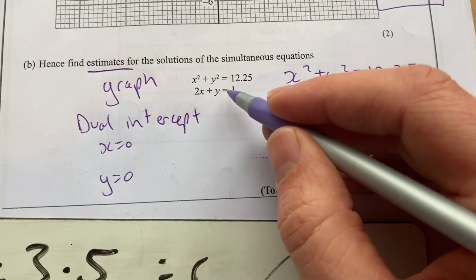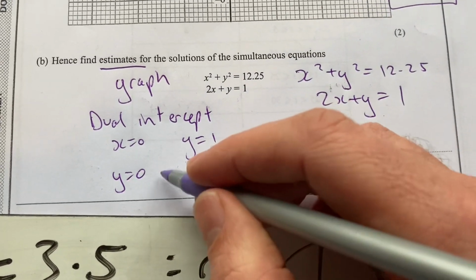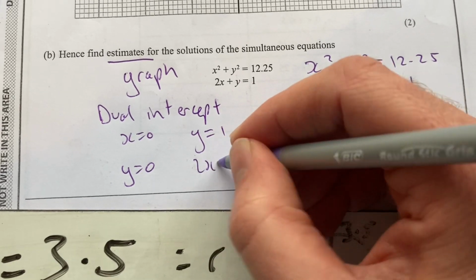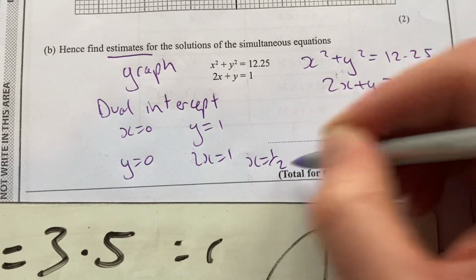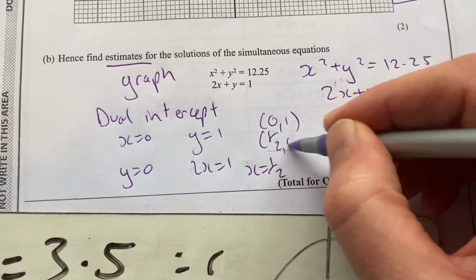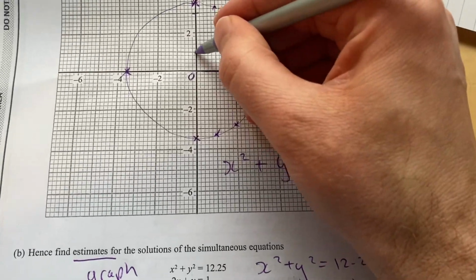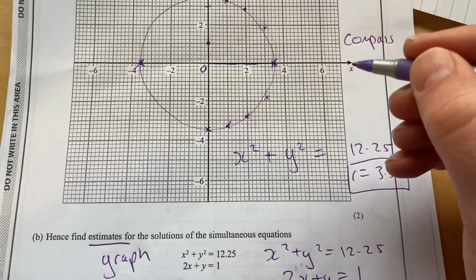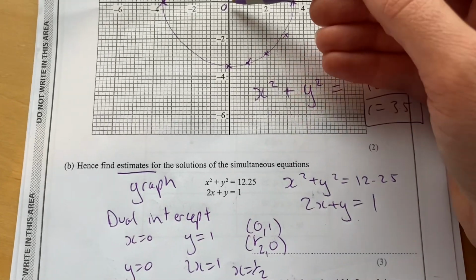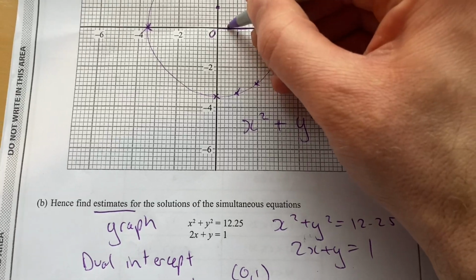So when x is 0, y is 1, because I just cover that x. When y is 0, cover the y, 2x equals 1, so x equals a half. So I'm going to plot the points 0, 1, and a half, 0. So there's 1, so we're talking about there.